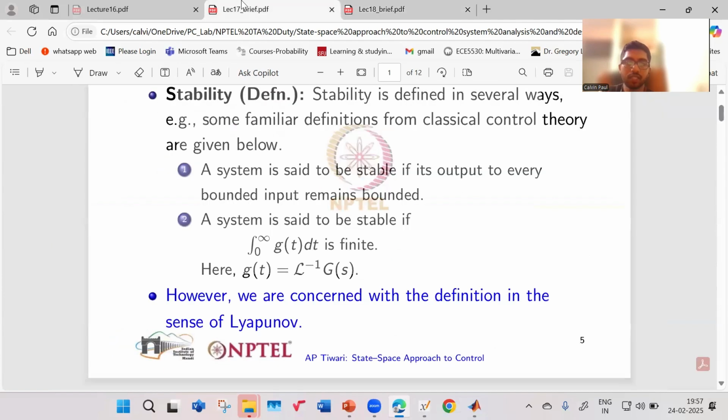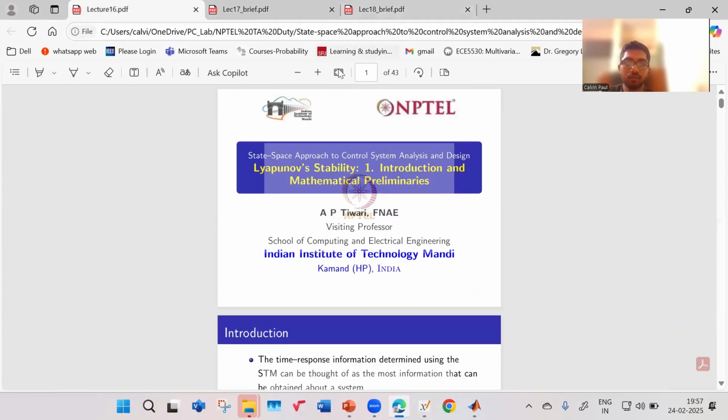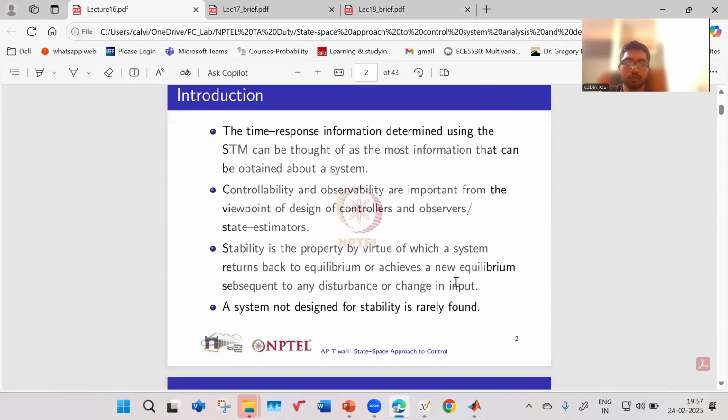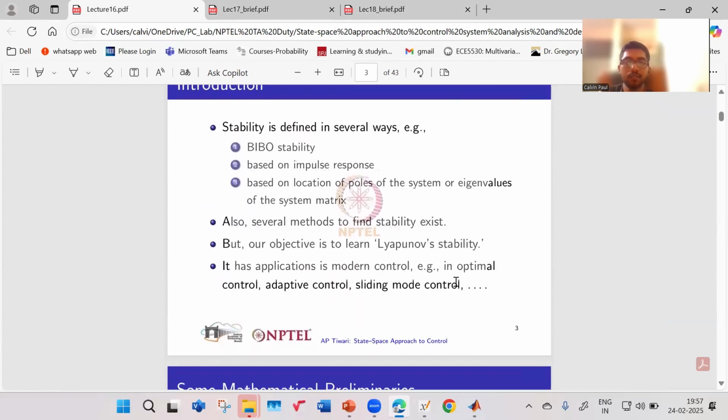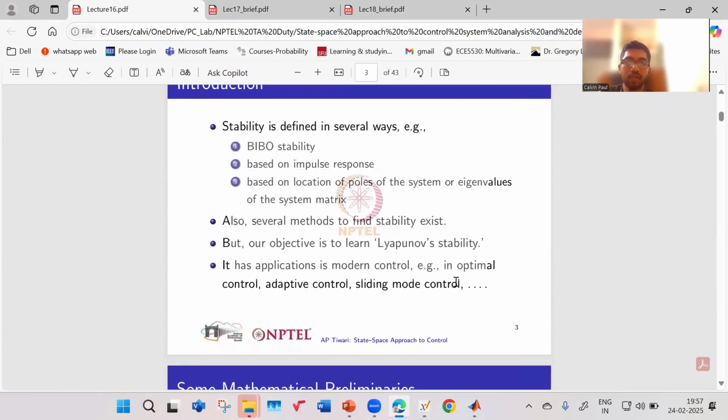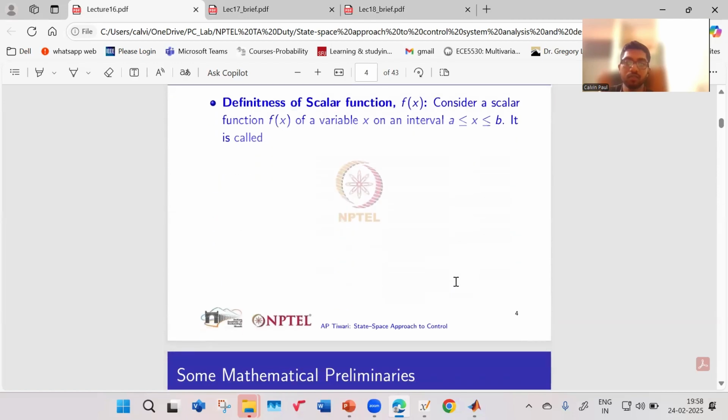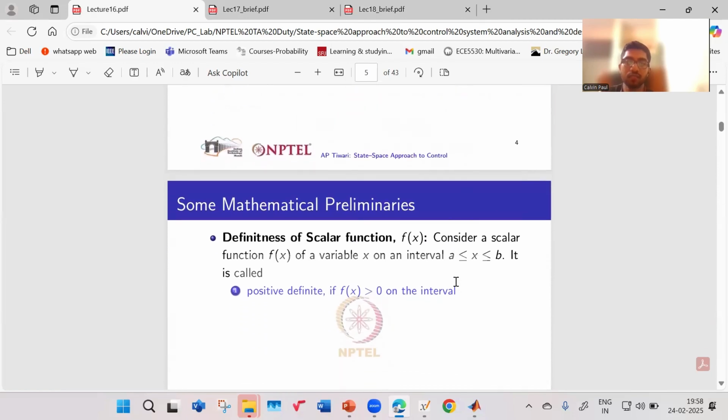Okay, so there are various things taught by Sir. Earlier, last week, we touched upon controllability and observability. What is stability, right? And what is Lyapunov stability and why it is used in various things. What is a scalar function?